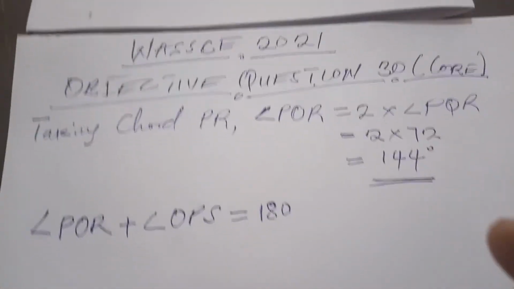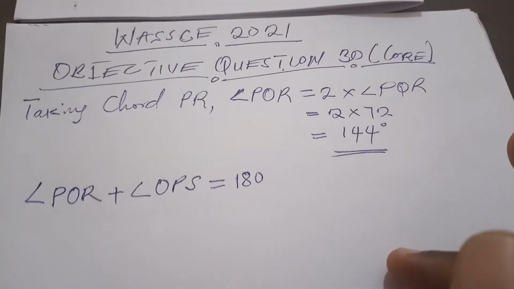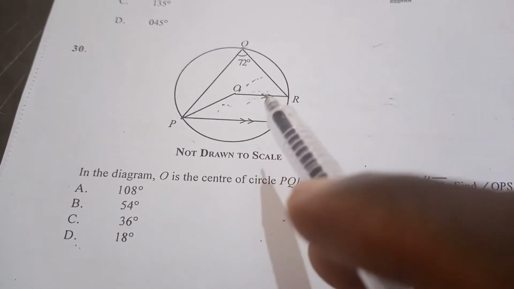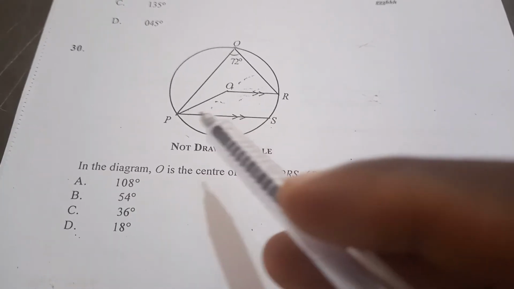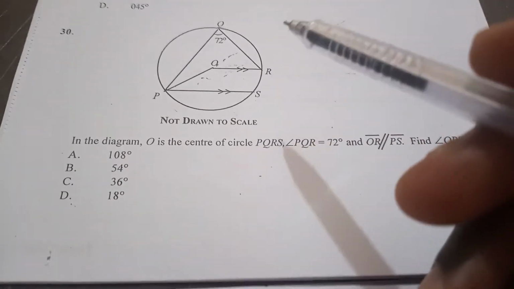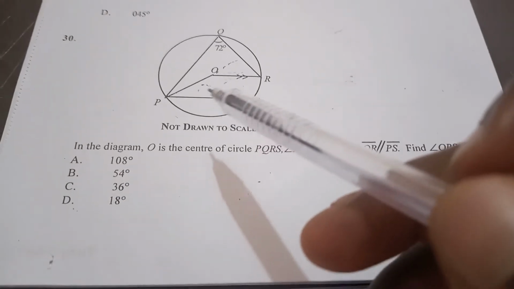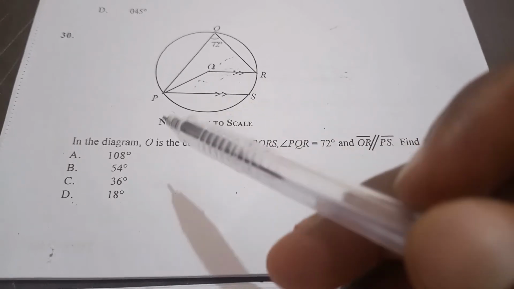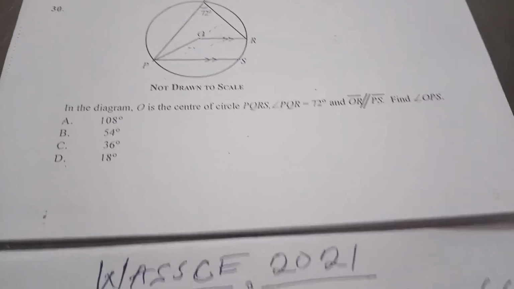In fact, the way I explain it is just the simplest way of explaining for you to see the relationship between the corresponding angles. But the truth is that this angle and this angle are co-interior angles. If you are using the angle properties of parallel lines and a transversal, then POR and OPS are co-interior angles, and co-interior angles are supplementary.